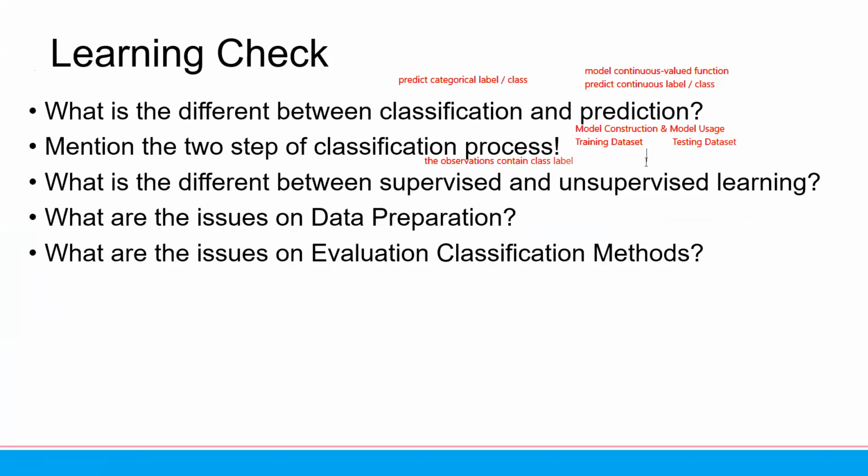Unsupervised learning means the observations do not contain a class label, and the aim is to cluster or create the labels based on similarity. Okay, so we will learn later what unsupervised learning is.